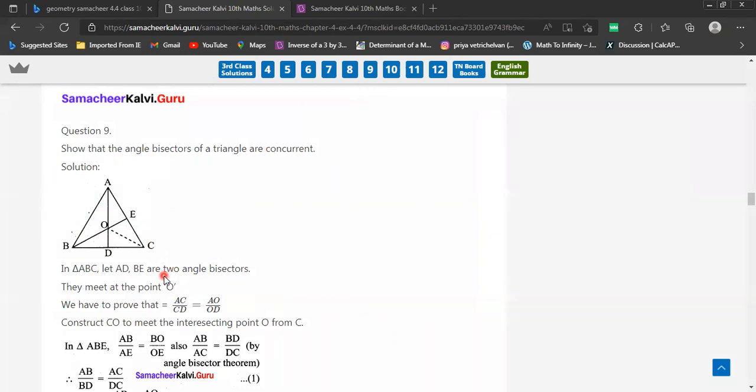So we are constructing this line CO. This line CO also intersects at the point O here. So take a triangle. You can divide this triangle into ABE by taking a smaller part of this.